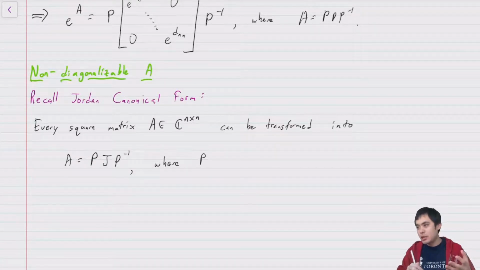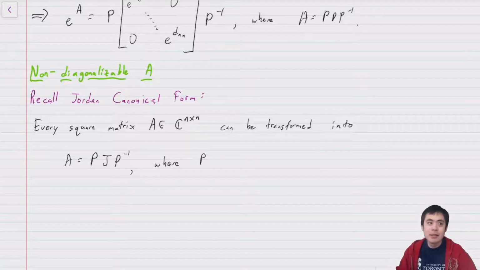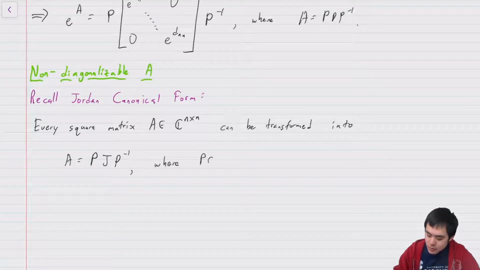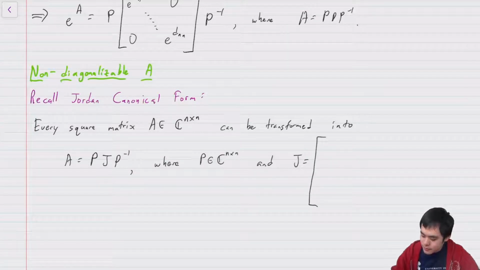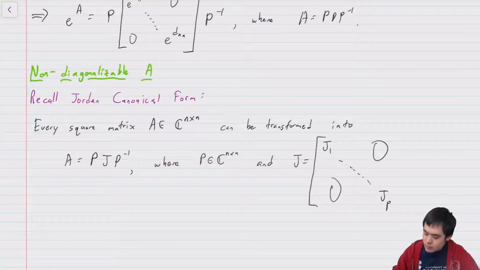I'm going to use J here to refer to the Jordan matrix. But anyway, P is an n by n matrix that's invertible. And J is equal to a block diagonal matrix where we have these Jordan blocks. Let's say we have little p of them. And this is block diagonal.